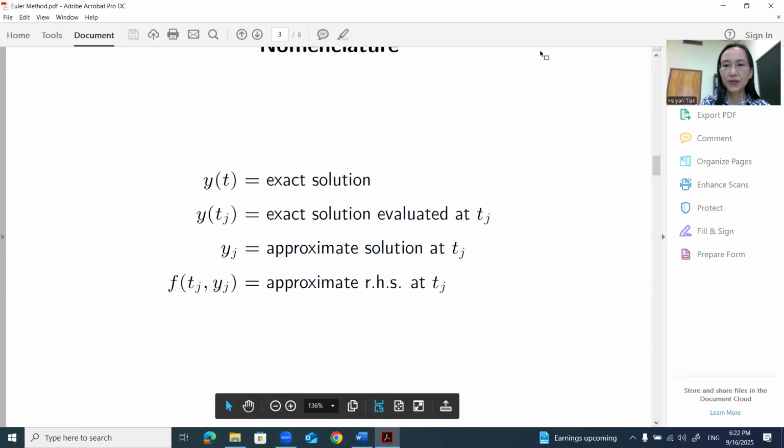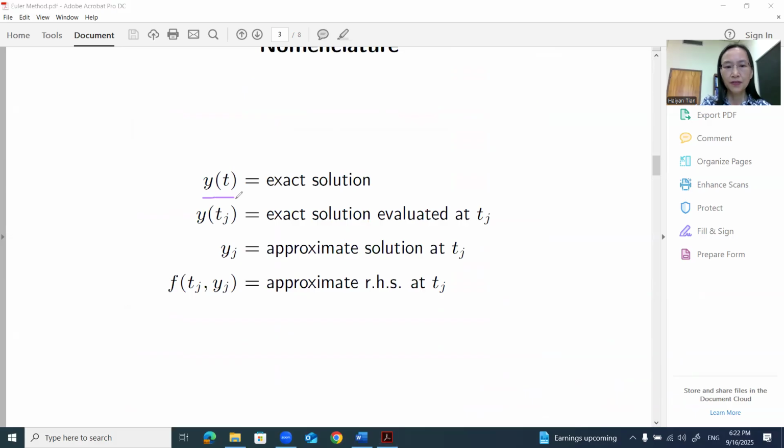About the notation: the function y(t) is the exact solution, which was plotted as a boldface curve, and this is the evaluation of the exact solution at tj. But the approximate solution is denoted by y sub j, for example y1, y2, yj, etc. That is the approximate solution at a certain tj.